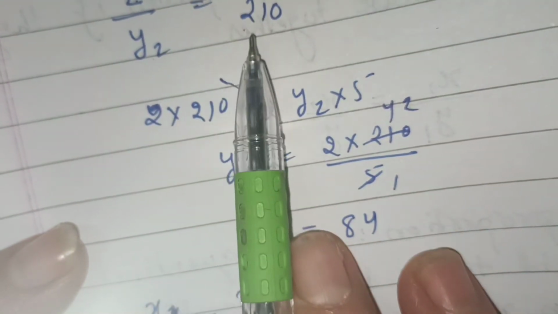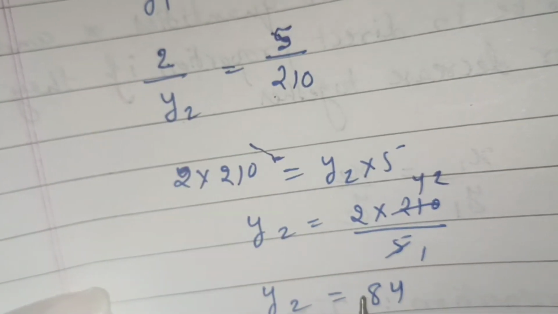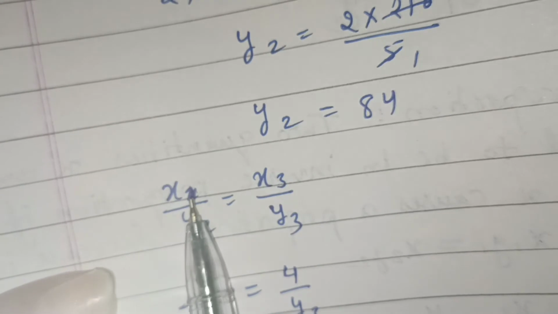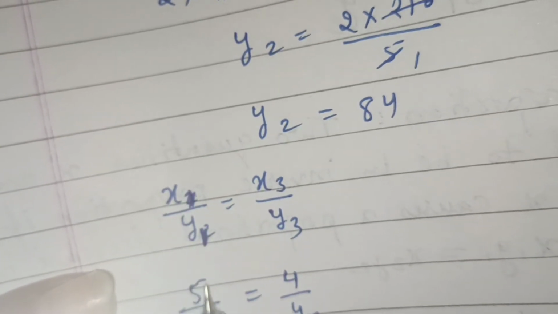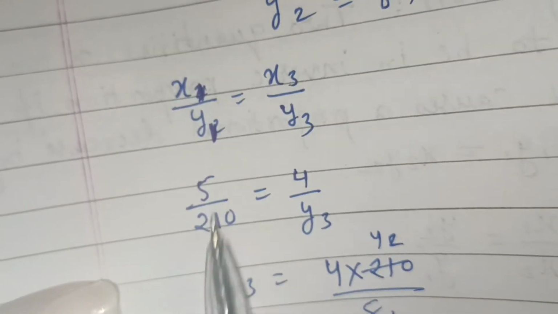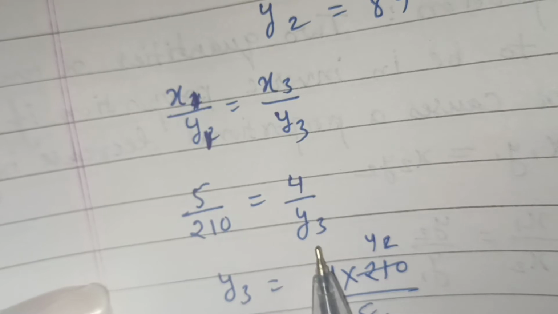If 5 meter cloth costs rupees 210, 2 meter cloth costs rupees 84. Here x1, y1 we know, x3, y3 we have to find. 5 meter cloth costs 210 and what 4 meter cloth costs we have to find.